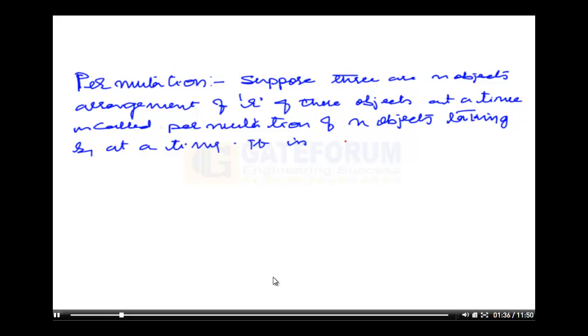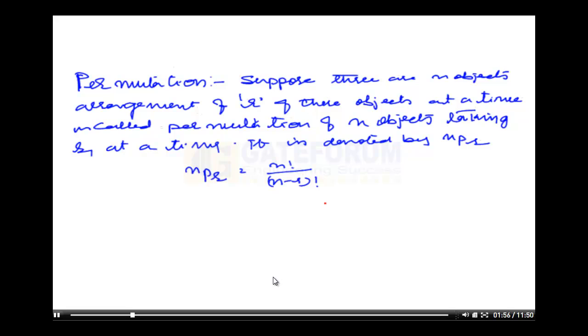It is denoted by nPr. So nPr is n factorial by n minus r factorial.